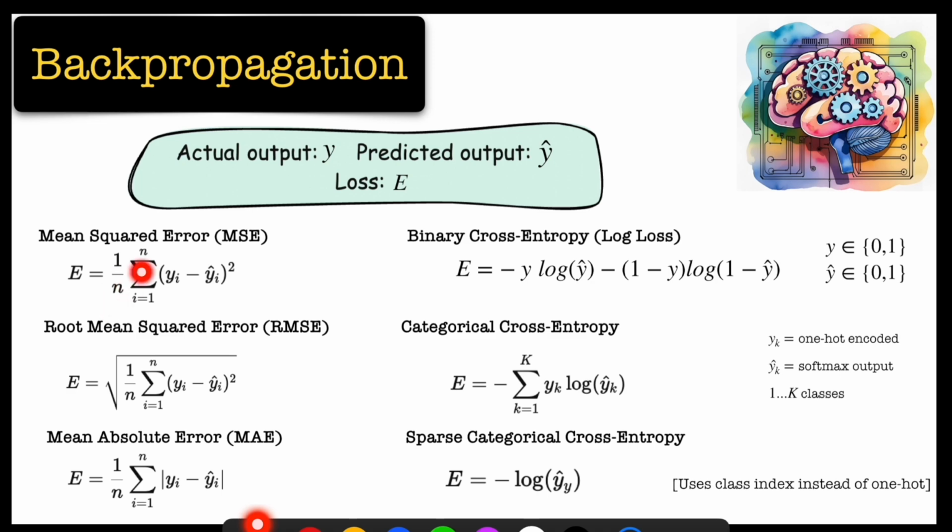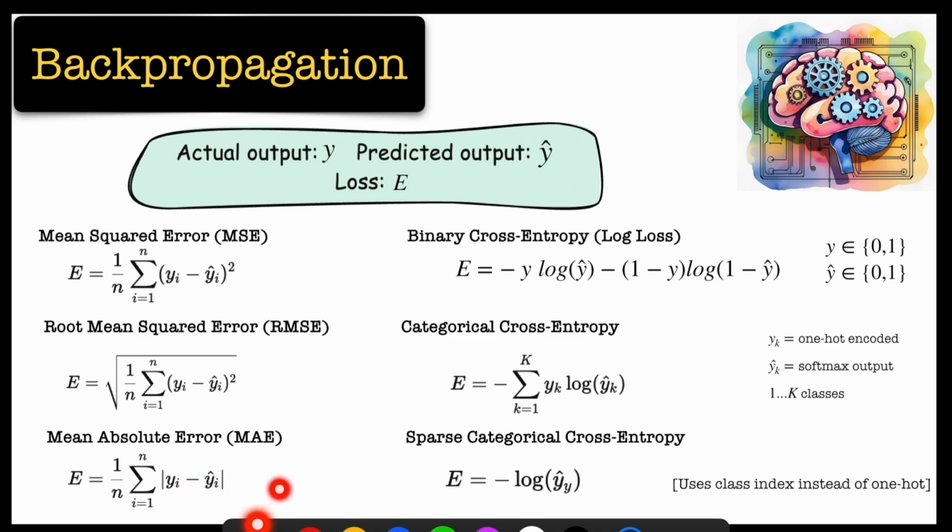We take the averaged sum of the squared difference between the actual output and the predicted output. Root mean squared error is basically the square root of this mean squared error. Mean absolute error is the averaged sum of the absolute difference between actual output and predicted output.